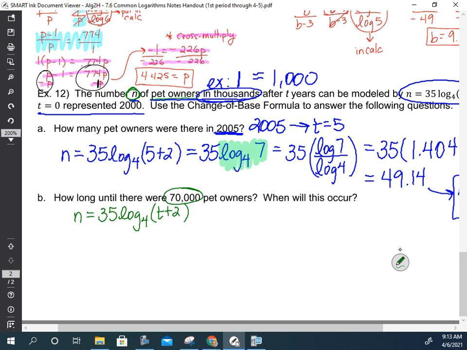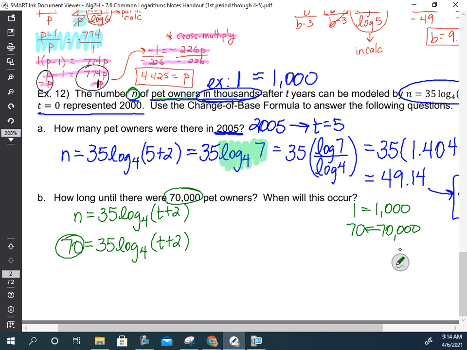Just like 1 is equal to 1,000, that means 70,000 is equal to 70. So you're not plugging in 70,000, you're plugging in 70.